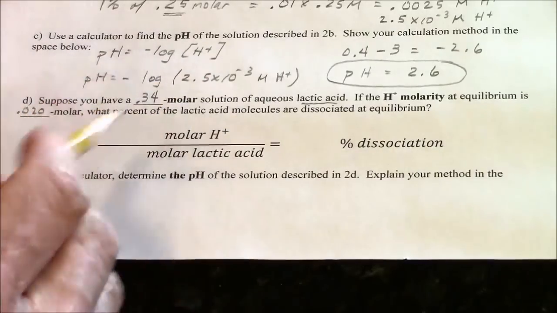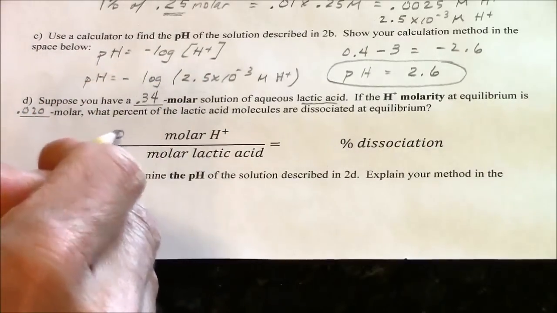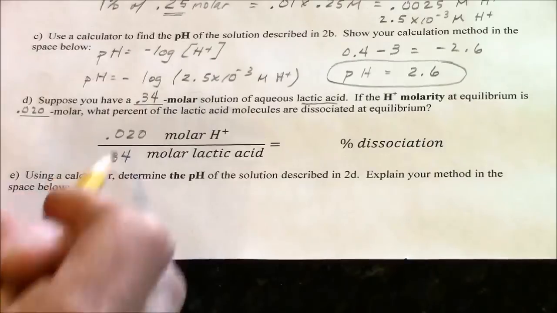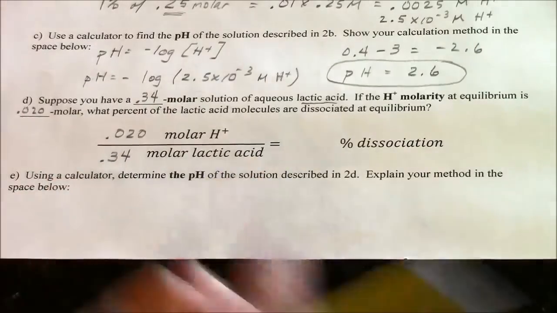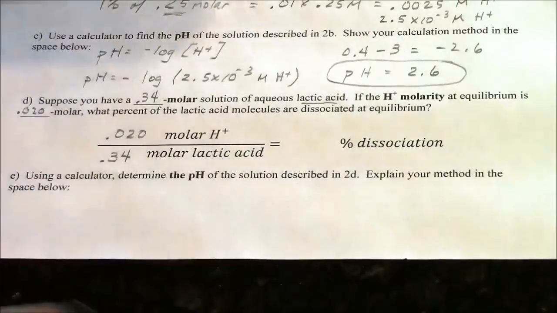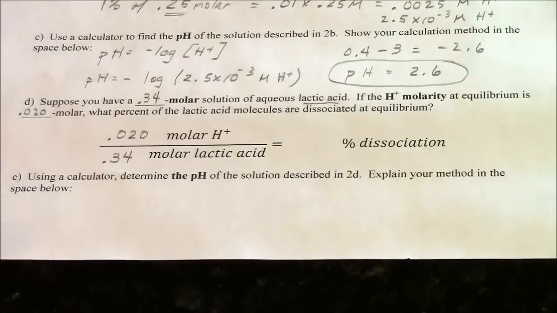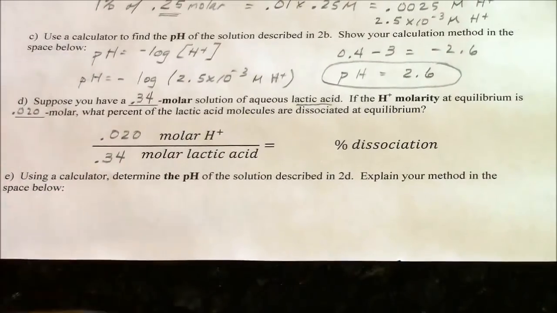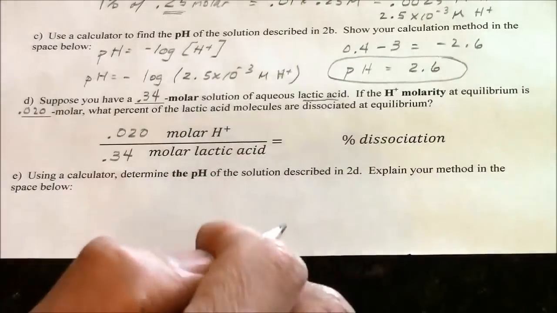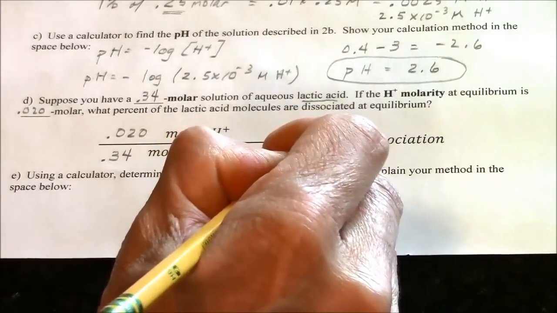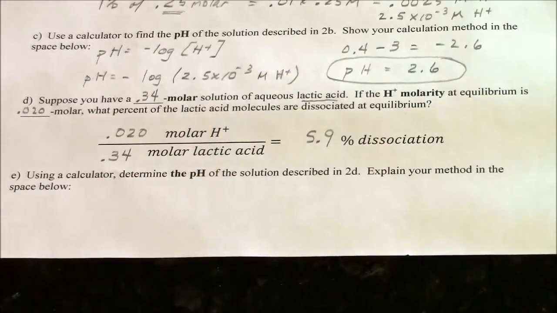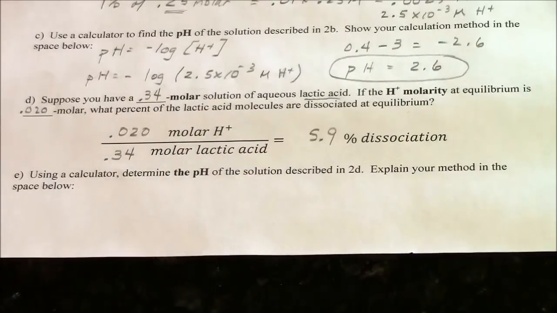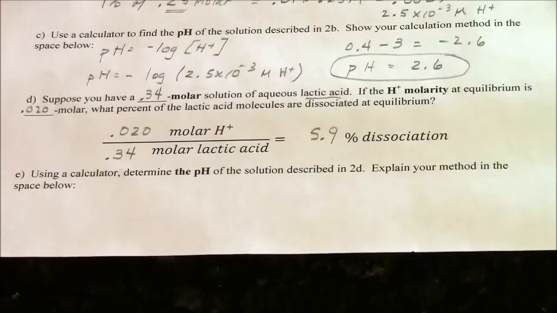This is a simple calculation where we just take the fraction that is dissociated, 0.02 molar, divide by the total molarity that was originally present, and we get the percent dissociation. This one I will need to use a calculator because it's not a real nice number. So I'm dividing my 0.02 by the 0.34, and I get 0.0588, which is 5.9% dissociation. That does indicate that 94.1% of the lactic acid molecules are in their associated state.